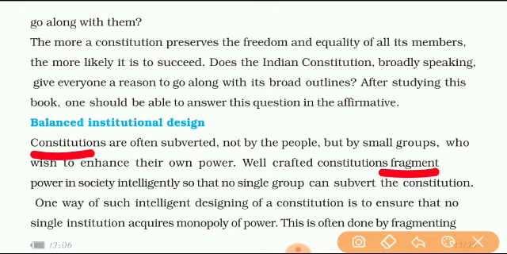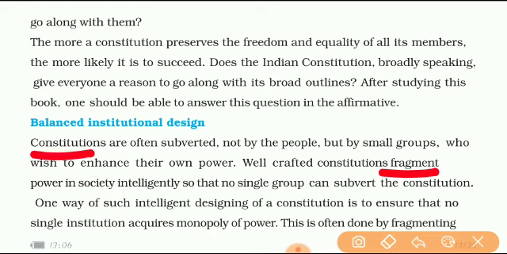As we had seen in the case of Pakistan in class 9th, Parvez Musharraf and his military leaders subverted the constitution there. In the case of Nepal, in my last video, we had seen the constitution was subverted again and again. So many times in so many countries, small groups who wanted to acquire power in their hands subverted the constitution.